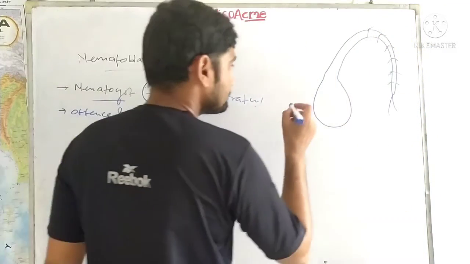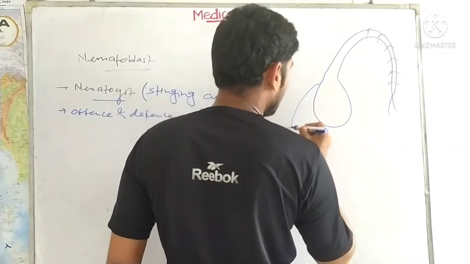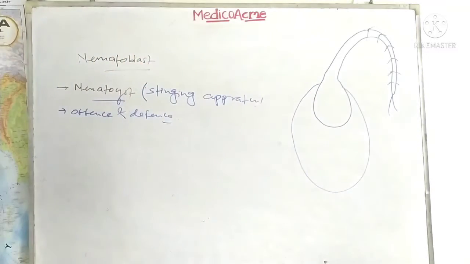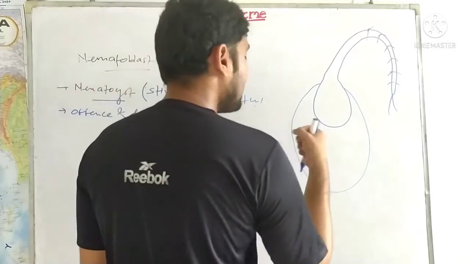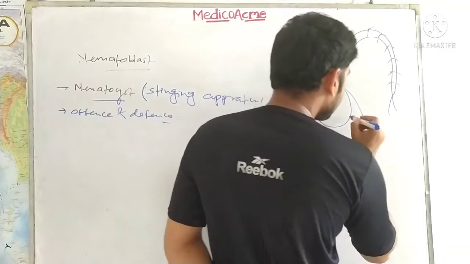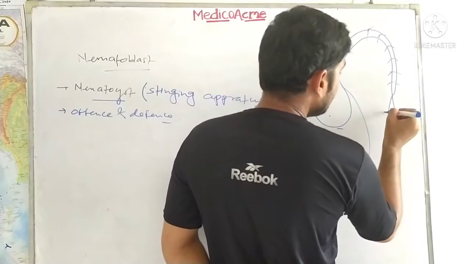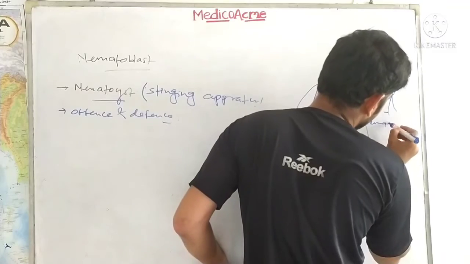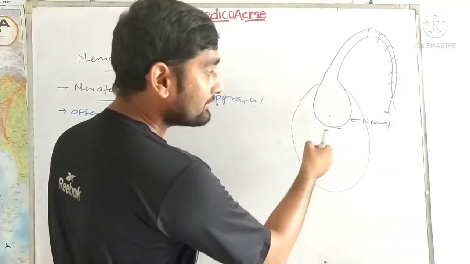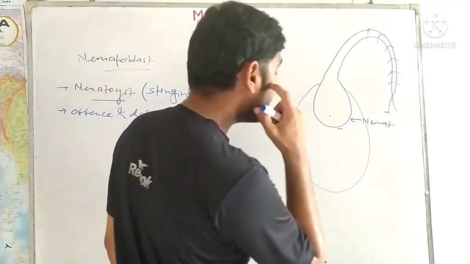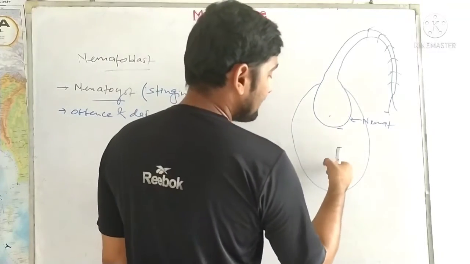This is the actual structure of the nematoblast or cnidoblast. This layer from here to here is called the nematocyst. You can see two structures, one embedded in another. This is just like the sperm cells, but the difference is that it has the nucleus.